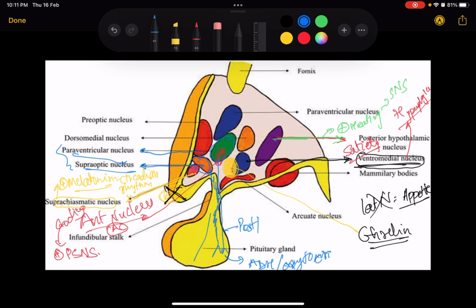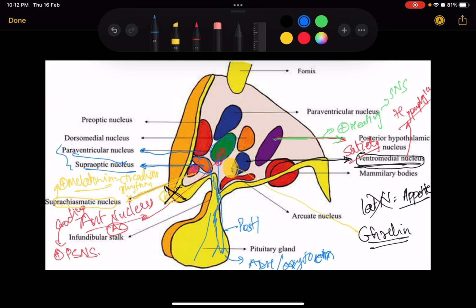ADH is vasopressin, and oxytocin is the hormone that increases uterine contraction and stimulates milk ejection, and ADH causes reabsorption of water in the collecting tubules. So that is the function of these two nuclei.